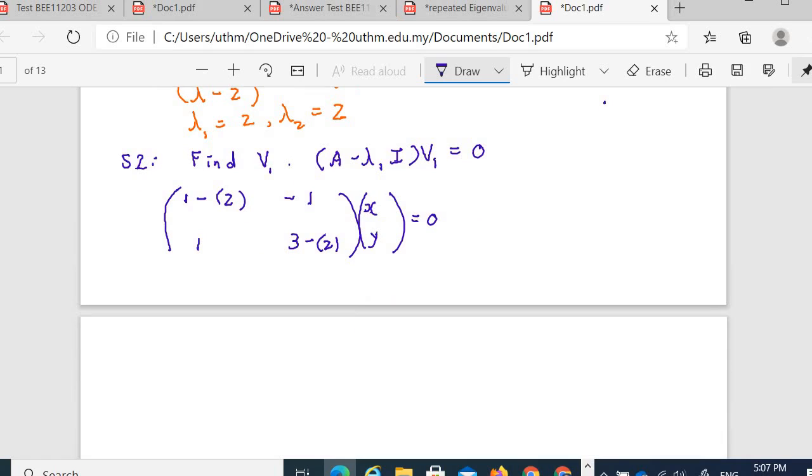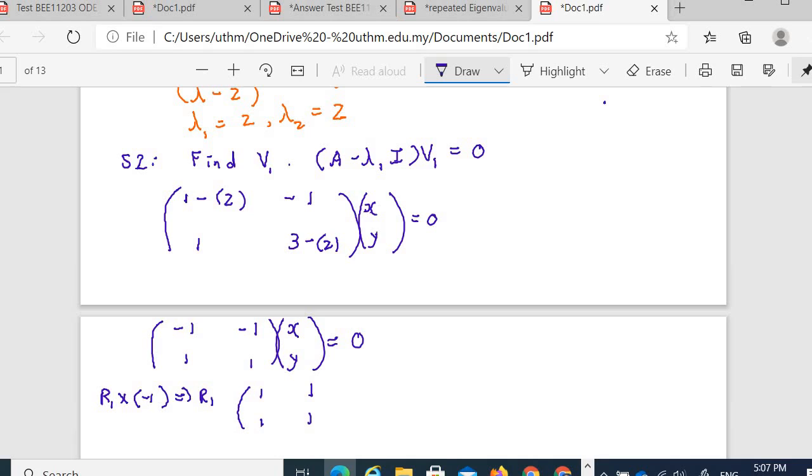Simplify it: negative 1, 1, negative 1, 3 minus 2 is 1, x, y equal to 0. If you multiply row 1 by negative 1, put back to row 1, then you have 1, 1, 1, 1, x, y equal to 0.